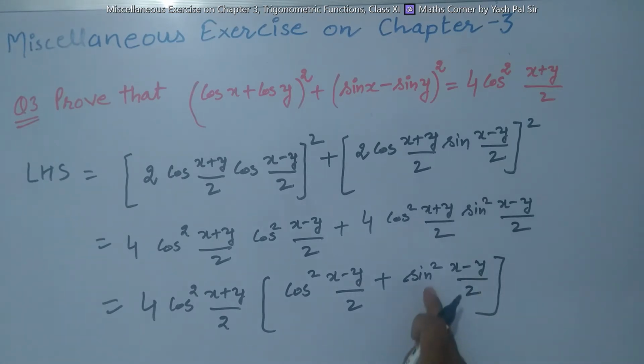Now we know that sin square theta plus cos square theta is equal to 1. So this becomes 4 cos square of (x plus y) upon 2 into 1. That is the right hand side, hence proved.